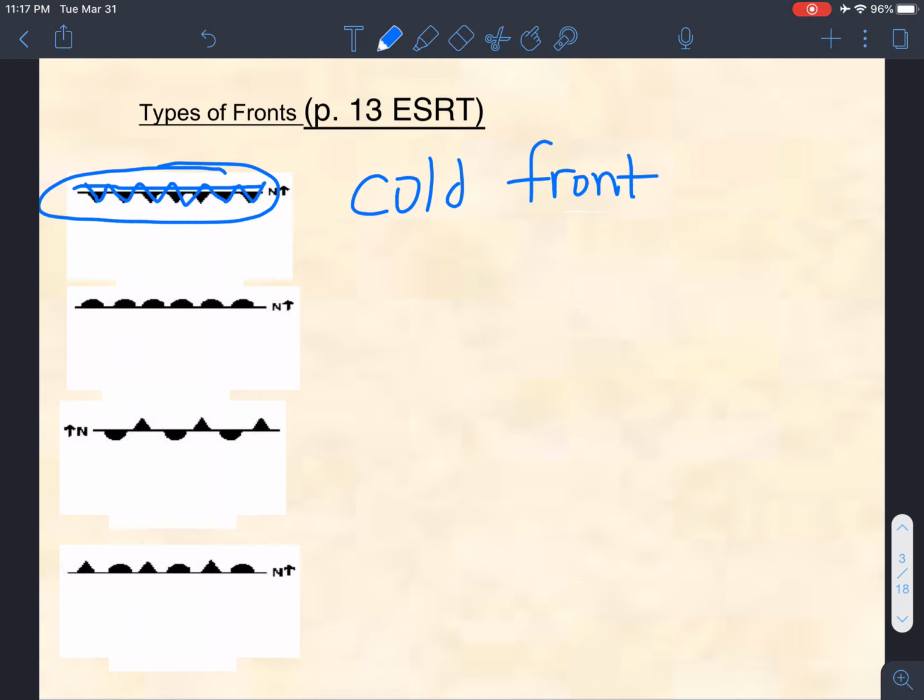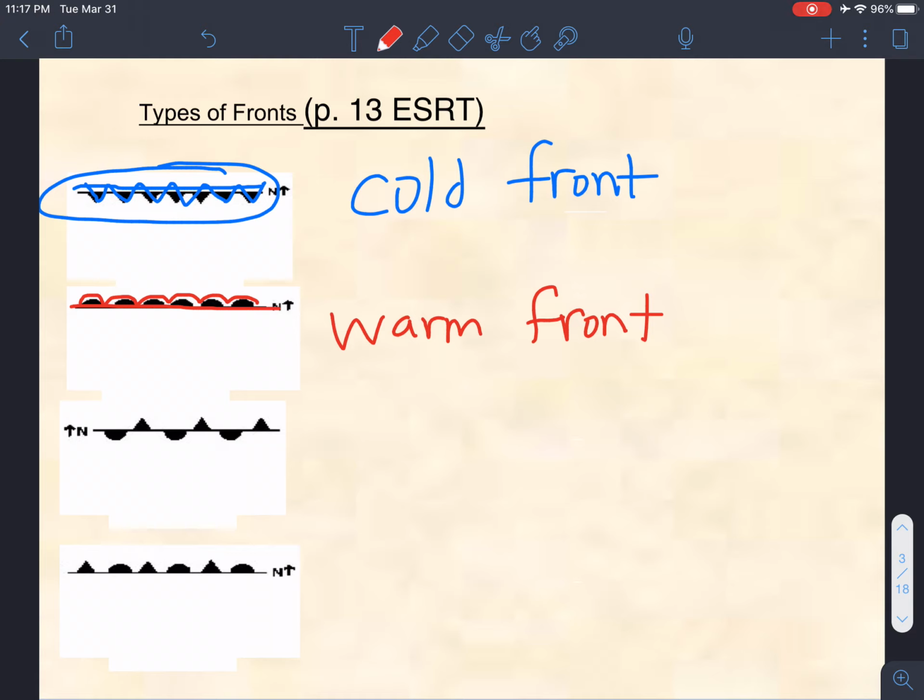The blue color also represents cold temperatures as well. The next one here is a warm front. And you can think of warm fronts with little tiny suns sticking out. So it represents warm weather. And of course, red represents warm as well.